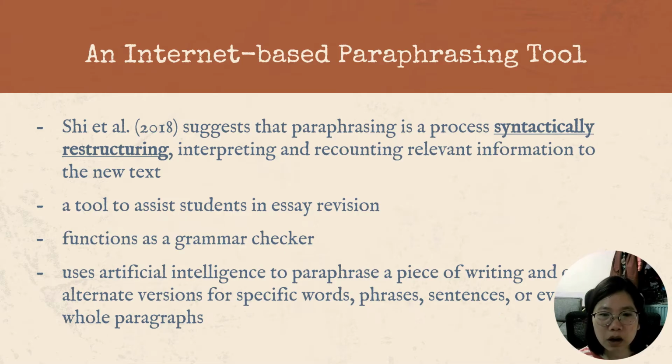They are AI tools that can help generate a piece of writing using specific words or phrases, sentences, or even the whole paragraph. And it is also a kind of grammar checker. So in my research, I will use this tool as a post-test activity to help students revise the essay.